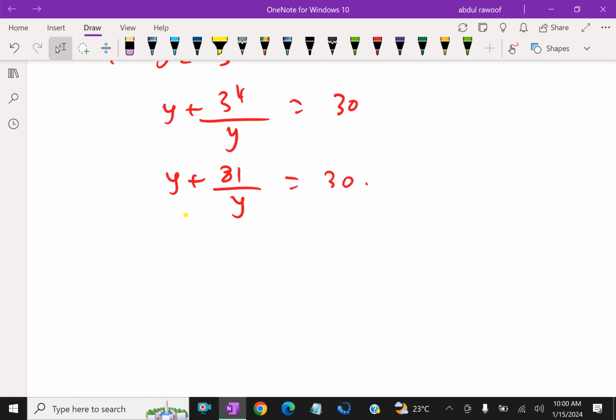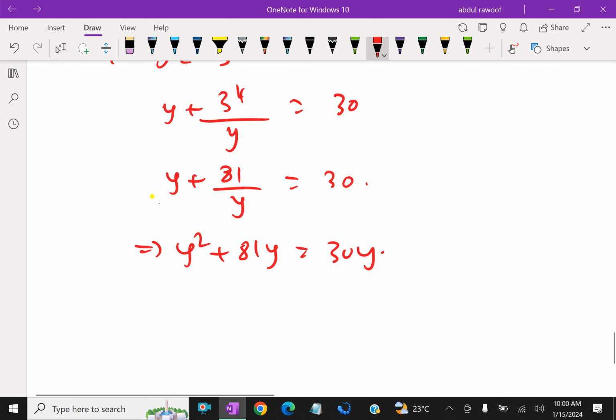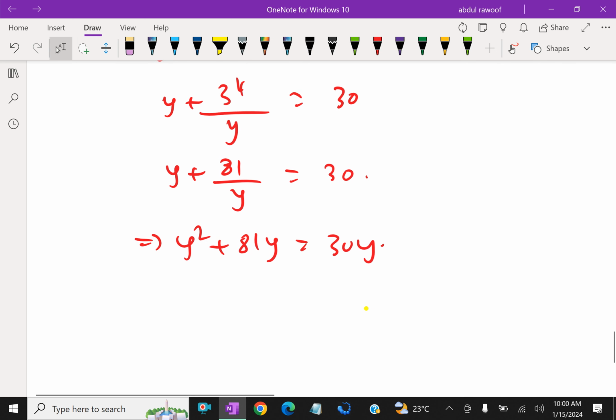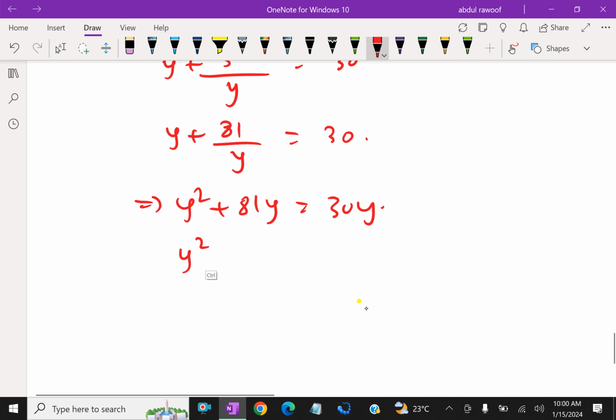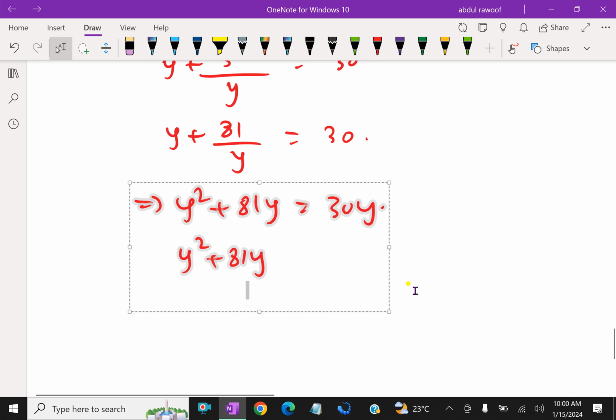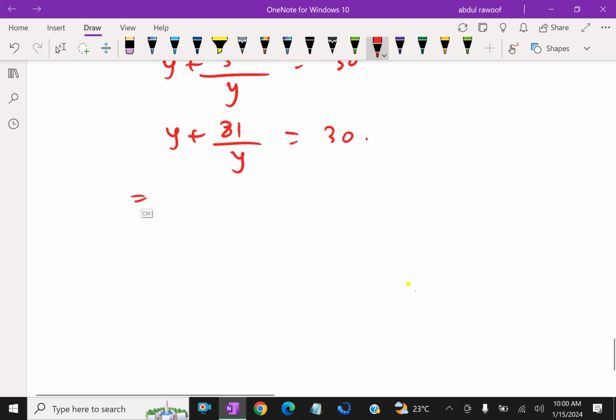By multiplying throughout by y, we get y squared plus 81 equal 30y.